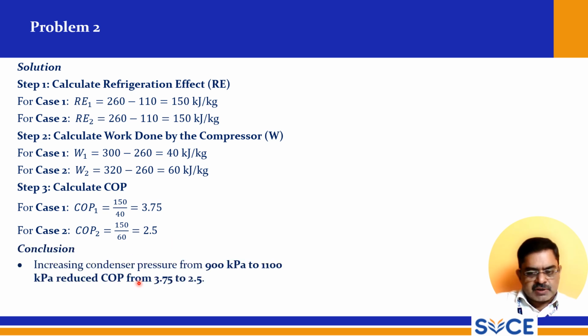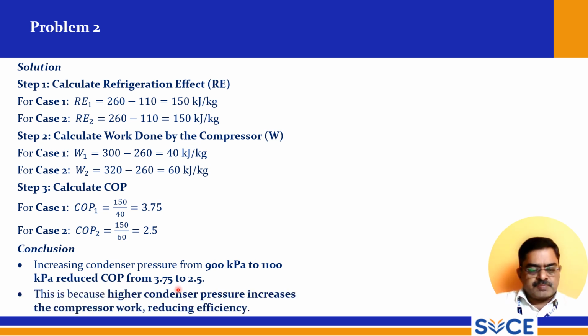So from here we can conclude that by increasing condenser pressure from 900 to 1100, the COP is getting decreased, so it is not a desirable one. COP is reduced from 3.75 to 2.5. So this is not a good sign, and we have to keep the condenser pressure at a minimum.